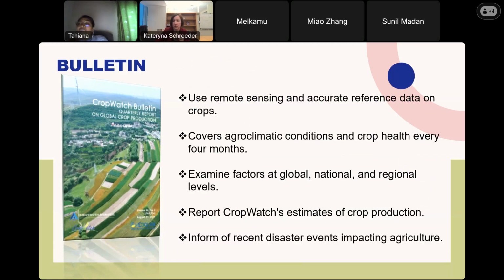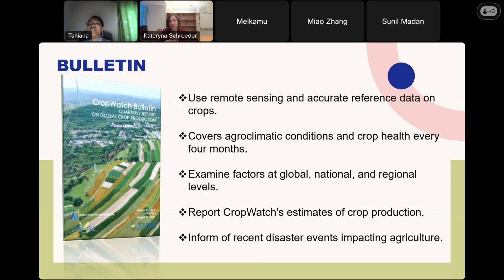During the workshop in Beijing, they also trained us to make a bulletin, because it helps high-level officials make decisions and monitor crops. The CropWatch bulletin uses remote sensing and accurate reference data on crops, cover, agroclimatic conditions and crop health every 4 months, examines factors at global, national and regional levels, reports CropWatch estimates of crop production, and informs of recent disaster events impacting agriculture.